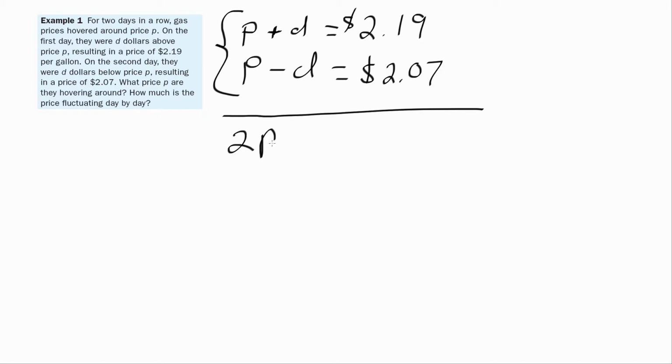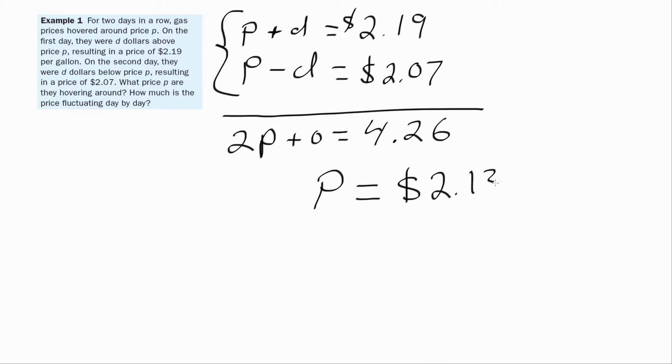So I get 2P, P plus P is 2P, D minus D is 0, so plus 0 equals, and I add these together, that's going to be 4.26, is that right? Divide by 2, and I get that P is 2.13.